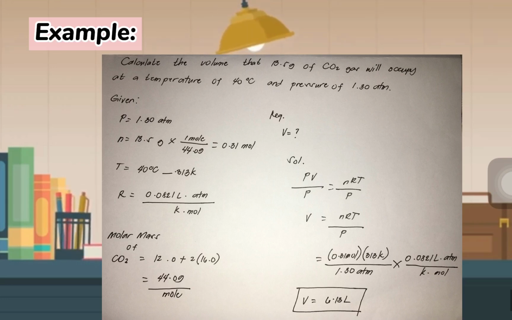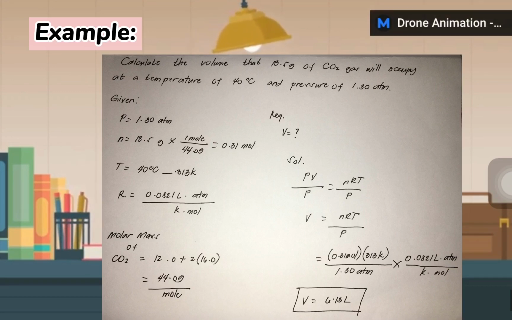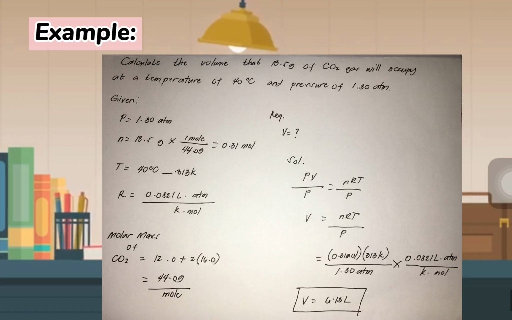The remaining unit will be the liter. So we will multiply: 0.31 times 313 over 1.30 times 0.0821 liter, and then we derive the answer of 6.13 liter, and that will be our volume.